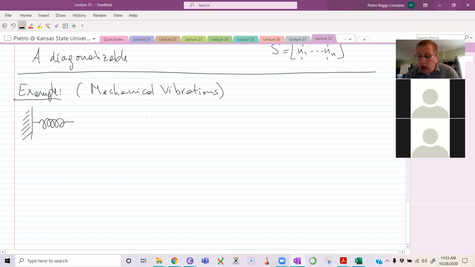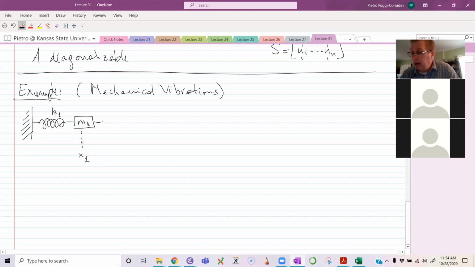And there's a rod here and a mass that's allowed to move horizontally without friction. And let's say that the spring has a constant K1. We will keep track of the position using the X variable.